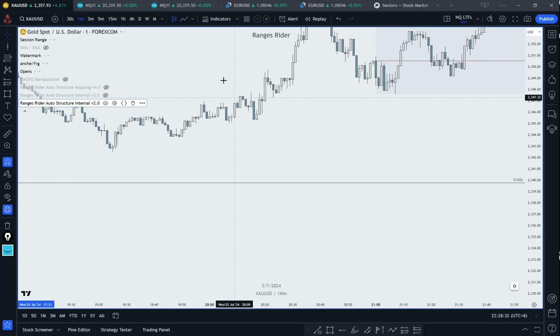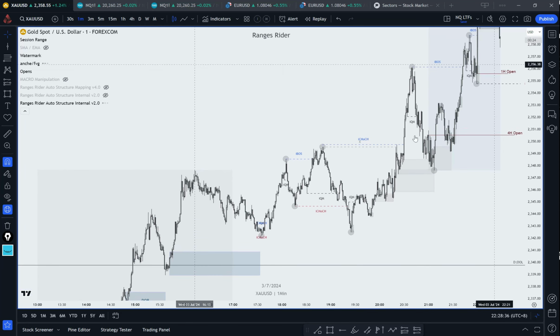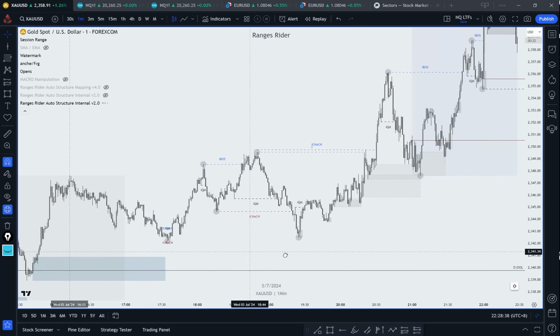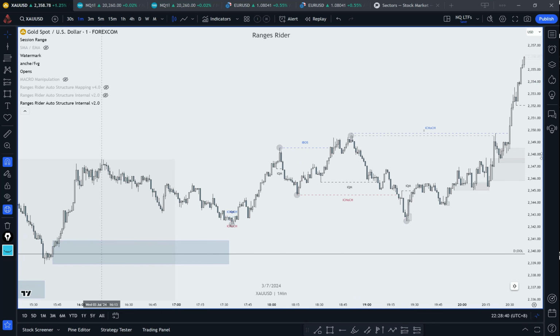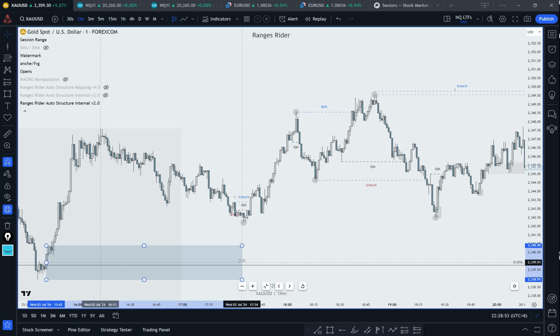Let's see. So what we have, this one is the QM. So from here to here we have the range, and the price never reached here on the 3 minute.